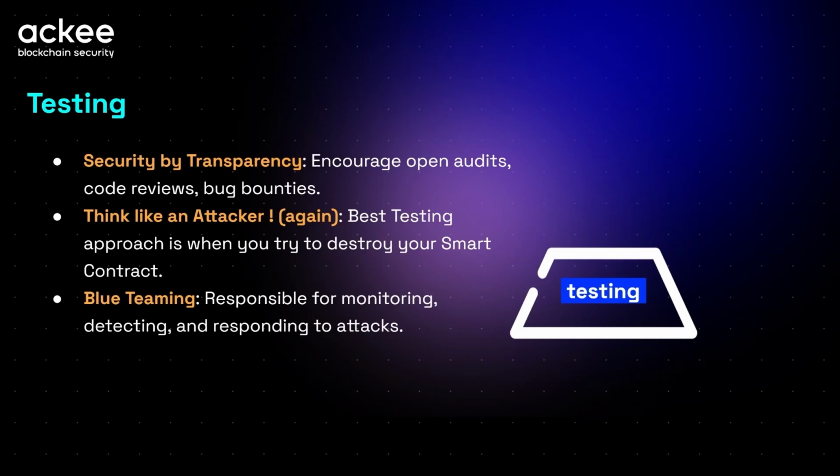Then test how fast you can react to the attack. How fast can your team respond? How fast can you fix the bug? How fast can you communicate to the community or to the users that the smart contract was hacked and what the problem was? These three parts, the monitoring, the detection and the response, are the most important here.